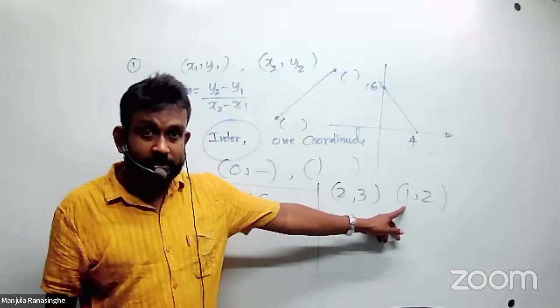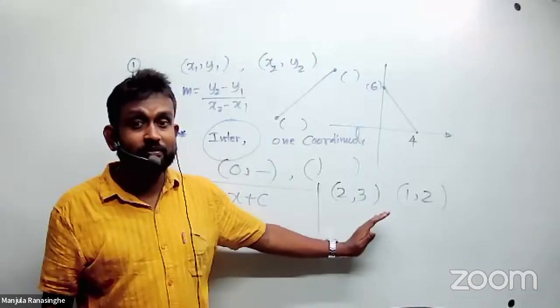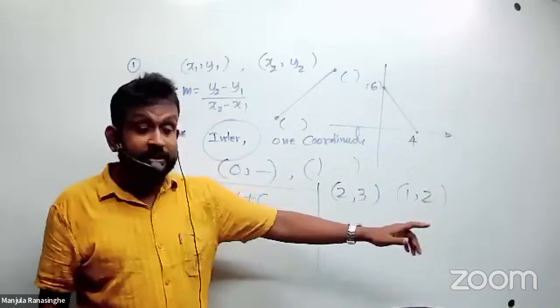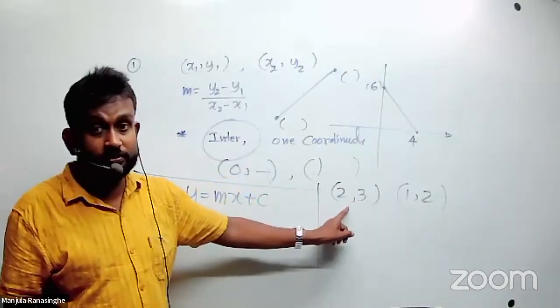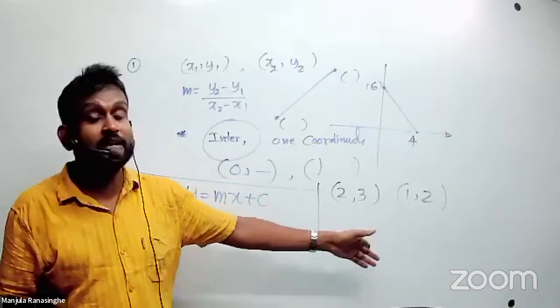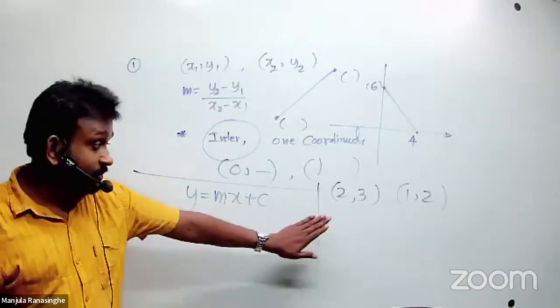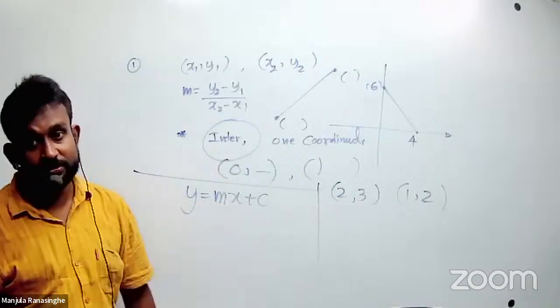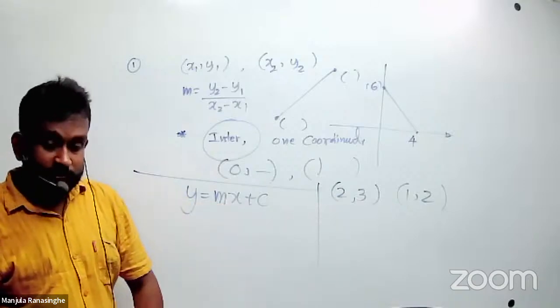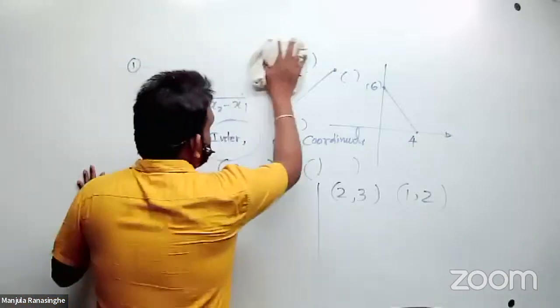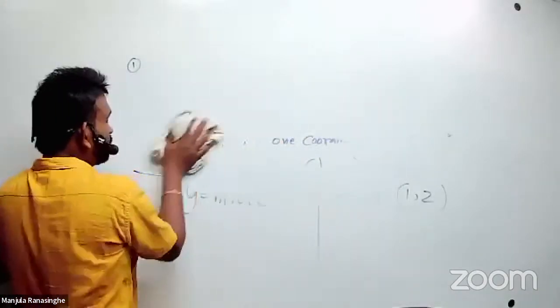This is the difficult part, and we write the equation y equals gradient x plus c as it is. Then substitute one point into that equation, satisfy it, and find the corresponding intercept. That is the most difficult part we discussed at last, so this is a very important thing. You know that we may not have the equations.